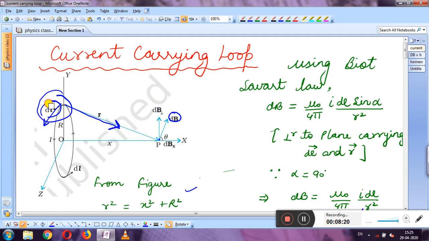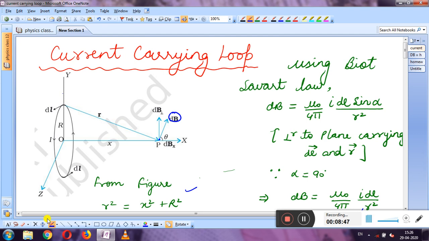Now with these components, children, we can consider a small current element. One small current element you considered at the top of the ring, the other current element you can consider at the bottom of the ring.